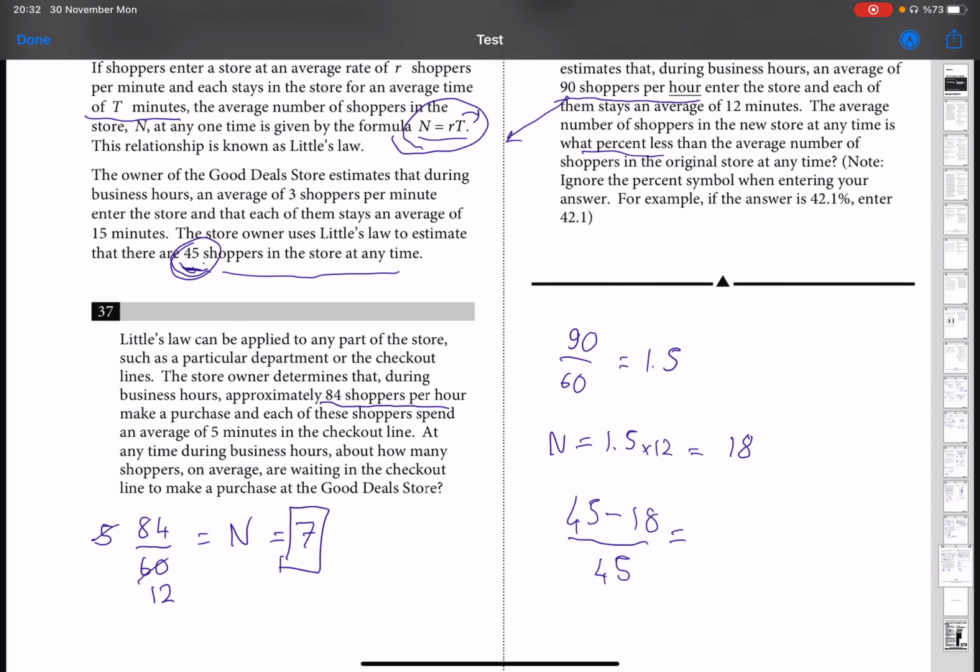This is equal to 27 divided by 45, which is 3/5, and this is 60 divided by 100. 60% is the answer. The new store has 60% fewer shoppers at any time. So you should write 60 into the answer sheet.